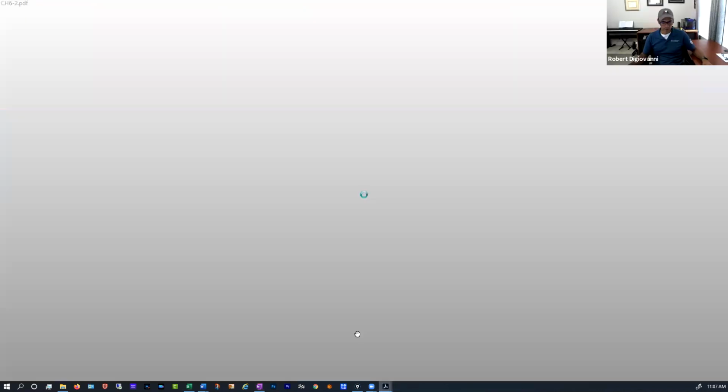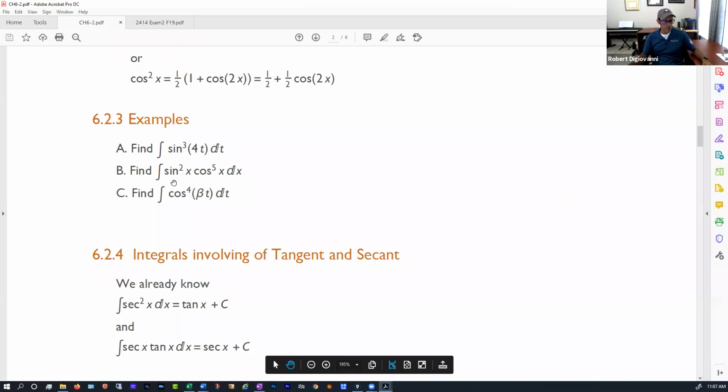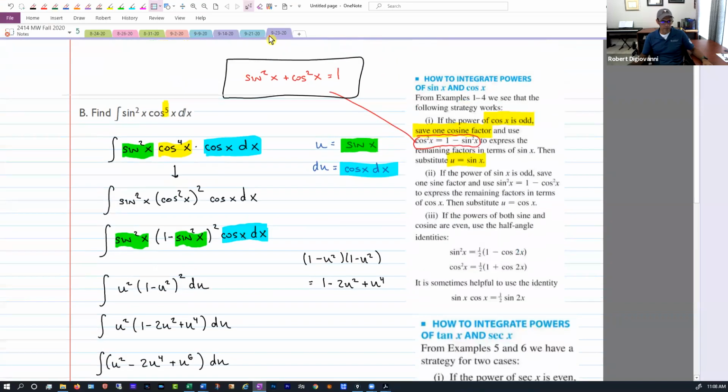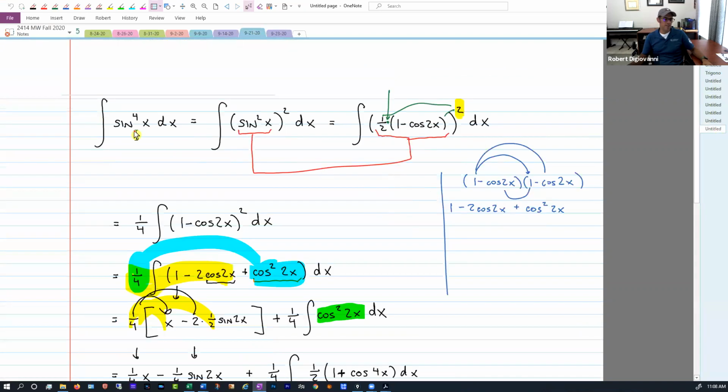All right, let's take a look at the next problem that I'd like to do. So on our notes, I did something like A here. I did a sine cubed 4t, and I believe I did a sine to the 4th. So let me just go back in the notes from last time. I think the last problem I did, yeah, we did a sine to the 4th x.